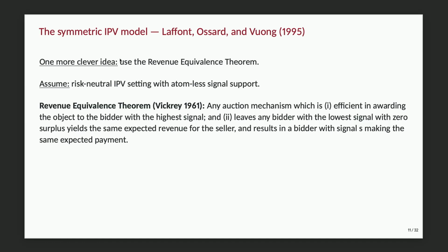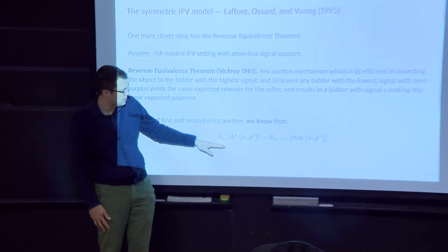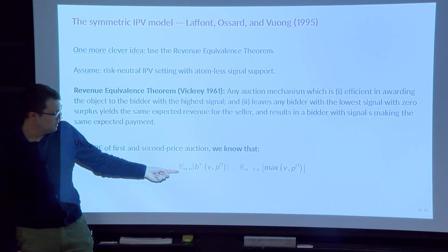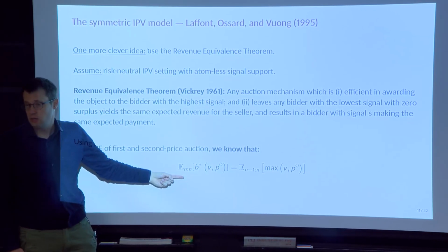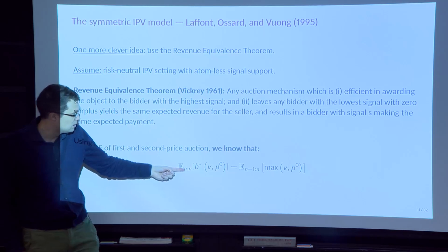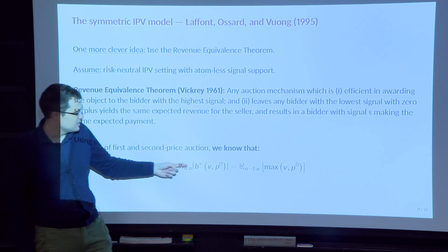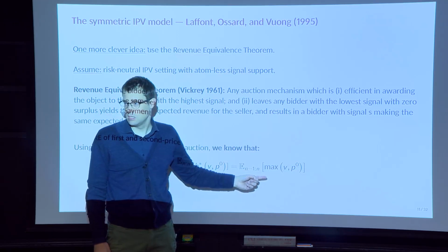Okay, and so how can we use this? We know that using this result, for these specific sets of assumptions, the expected bid that we get from this closed form solution for the first price sealed bid auction, using again the expectation over the valuations of the strongest bidder, so the highest order statistic, and taking into account the reserve price, the expected revenue from those bids has to be equal to the expected revenue from a second price auction within the same setting.